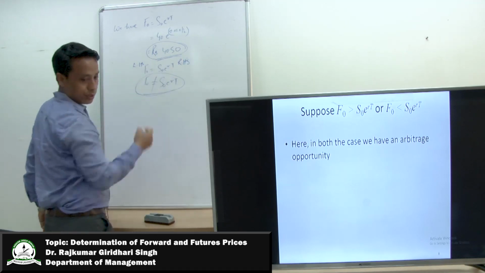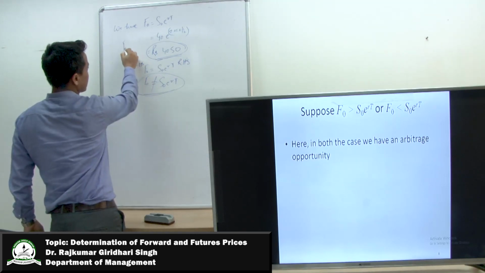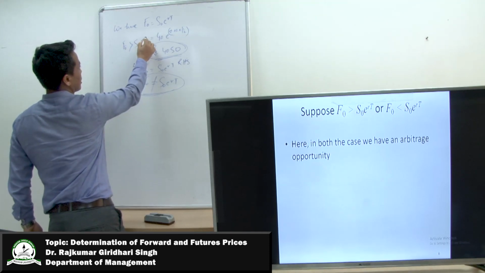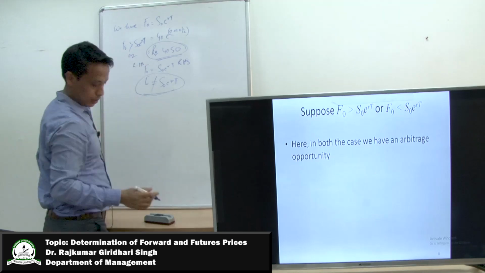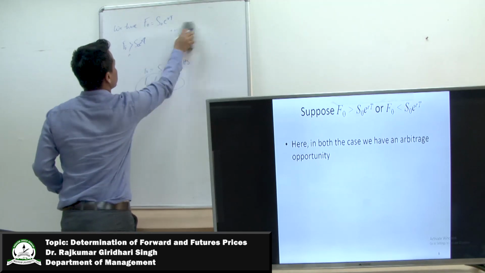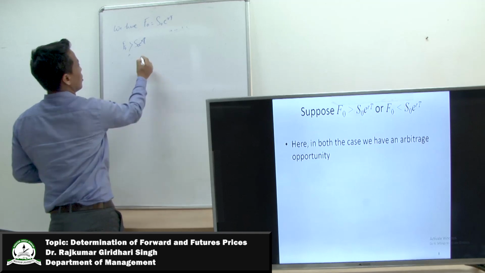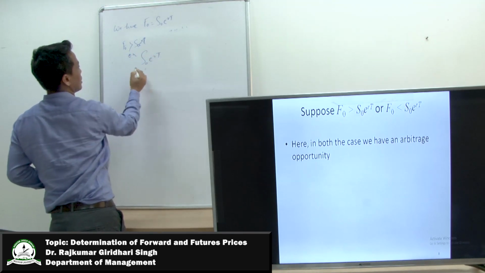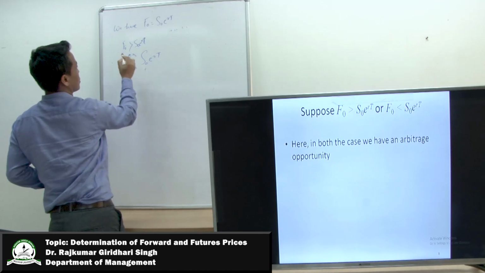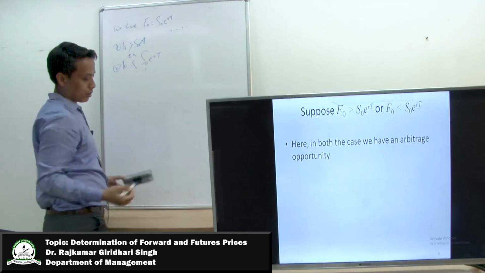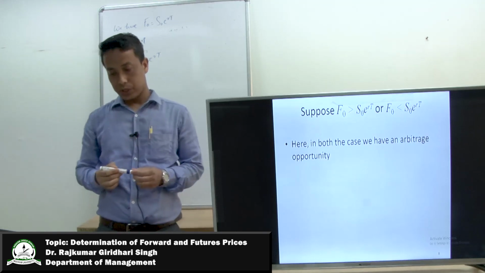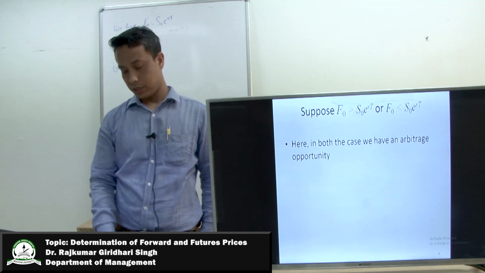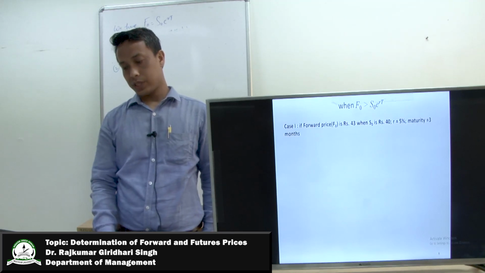If there is any difference in this price, for example F0 is greater than S0e^(rT), or S0e^(rT) is greater than F0, so in case 1 and case 2, in both cases we will have an arbitrage opportunity. Let's find out what the payoff is to the trader. Let's see the first case, case 1.